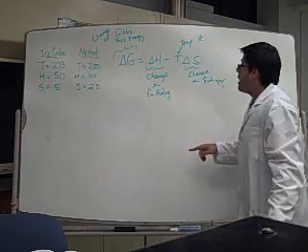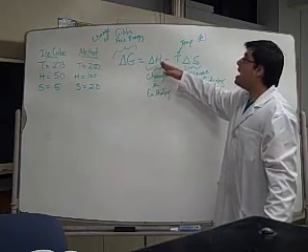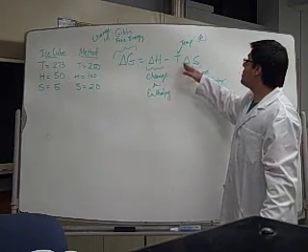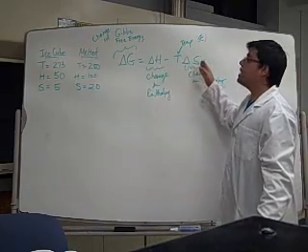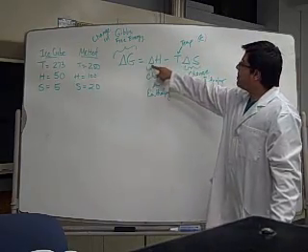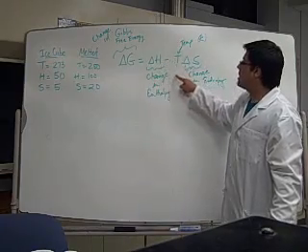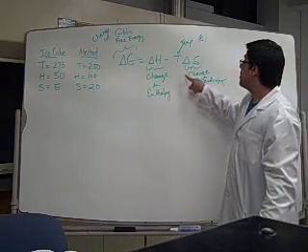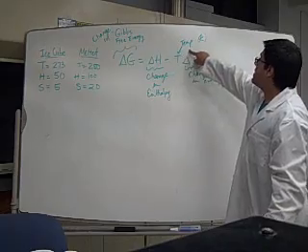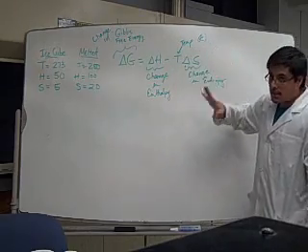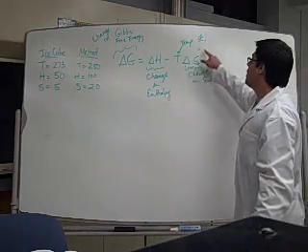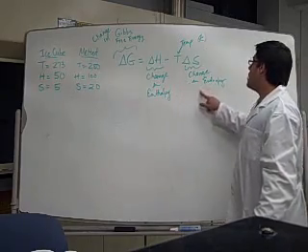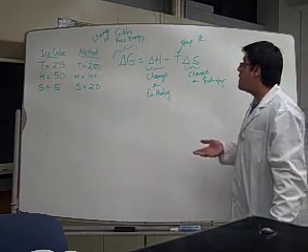That equals delta H minus T times delta S. Delta H is the change in enthalpy. T represents temperature in Kelvin, not degrees Celsius, not degrees Fahrenheit, in Kelvin. Then delta S stands for the change in entropy, the change in chaos.